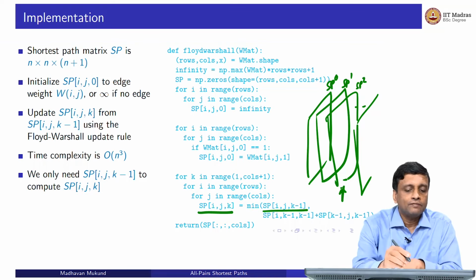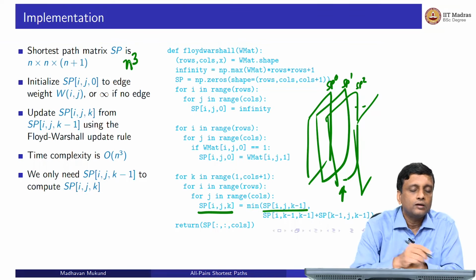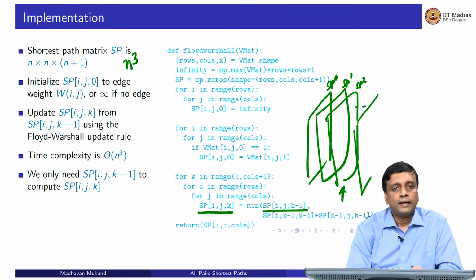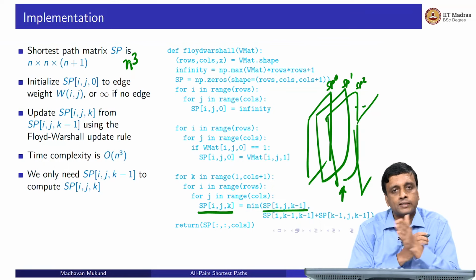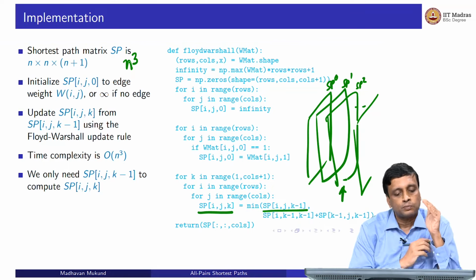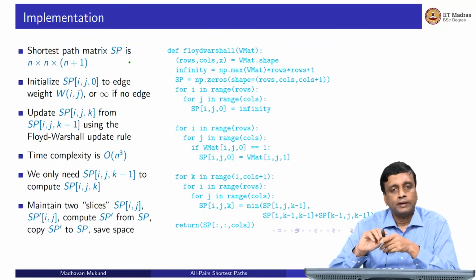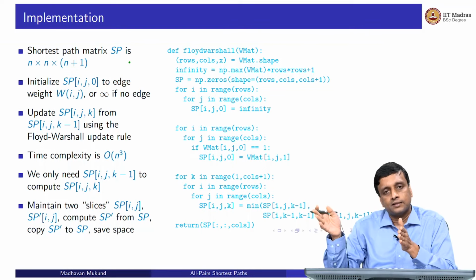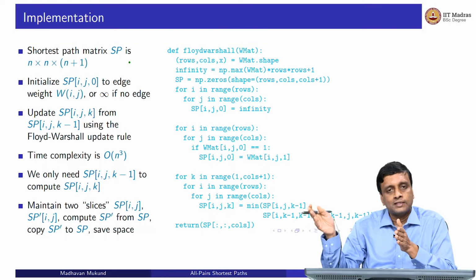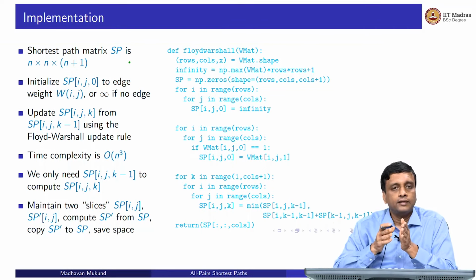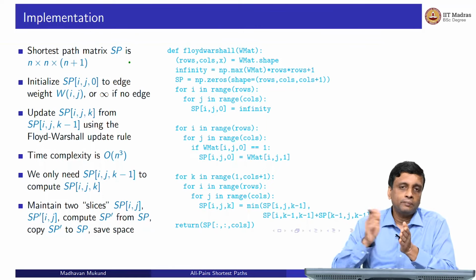In principle I have this n cubed sized matrix which I am using to calculate shortest paths, but we are saying we only need 2 n squared sized slices of it. So I can actually reduce the space from n cubed to n squared. I maintain the previous slice, I compute the current slice, then I make this current slice the previous slice.